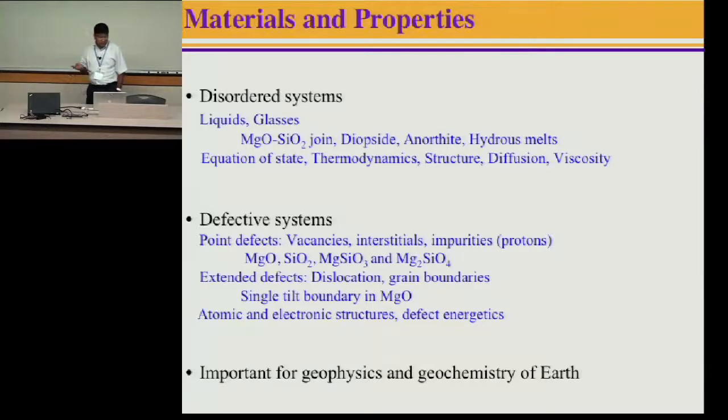For example, we have recently simulated a single tilt boundary in MgO and looked at vacancy formation in the interface regime. So basically we are looking at atomic and electronic structures and defect energetics, meaning defect formation as well as migration energies. All these results are certainly important for better understanding of the geophysics and geochemistry of the planet.